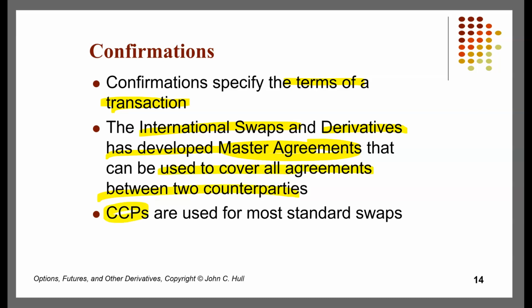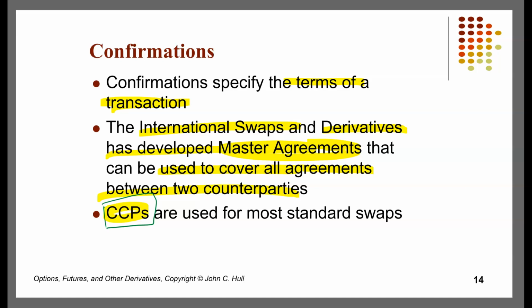And CCPs, central counterparties. You remember from our discussion in the previous unit that CCPs were essentially introduced after the 2008 crisis, where there was very little oversight over these transactions that happen over the counter, and so CCPs now serve the role of the clearinghouse in the futures market.